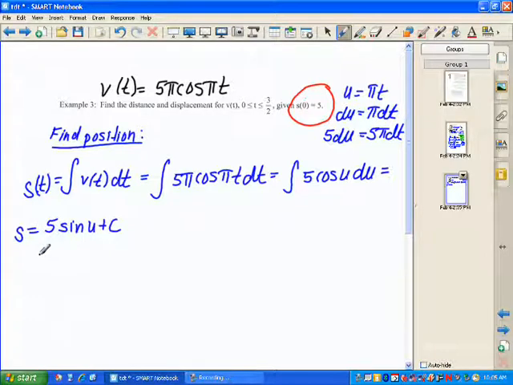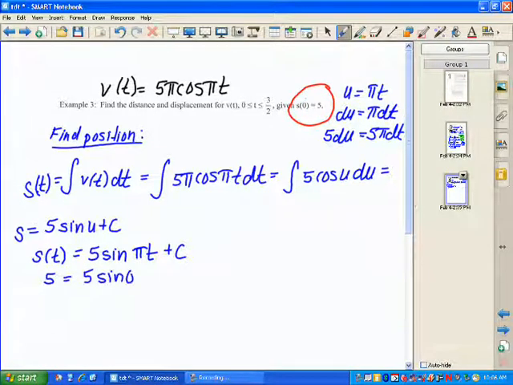Let me put my u back in. Okay, and now I'll use that point that I was given. Position is 5 at time 0. The sine at 0 is just 0.